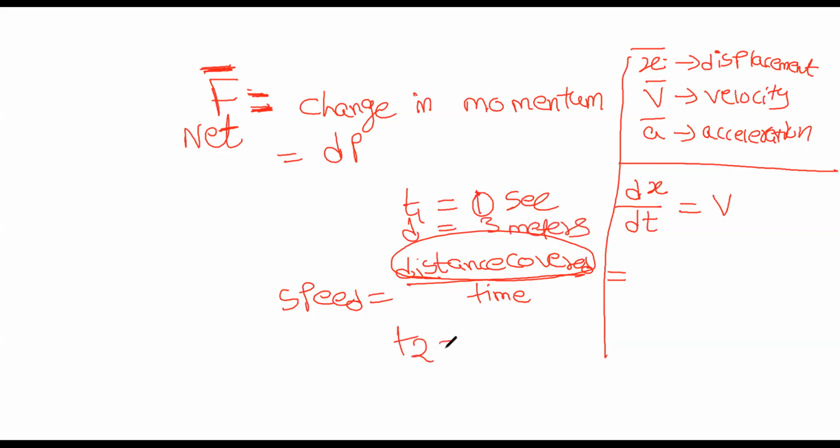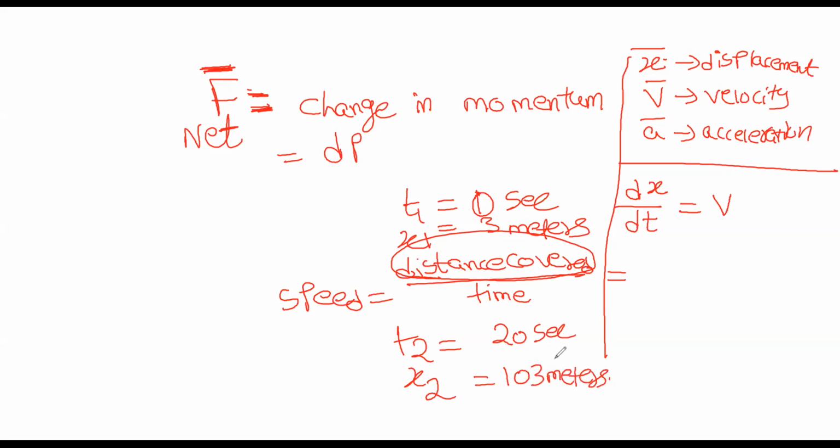At time t2, in the sense, let us suppose 20 seconds, d2. Okay, here we're taking it as x. We take it as x1, x2. The position is, let us suppose, 103 meters.